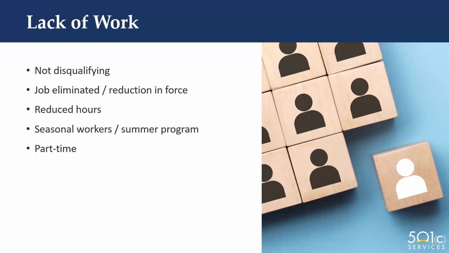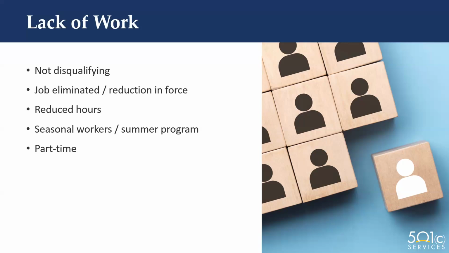Okay. There are specific things within this bucket that can be protestable. So what I mean by that is you can't protest the separation when it falls into lack of work, but you can question other things.